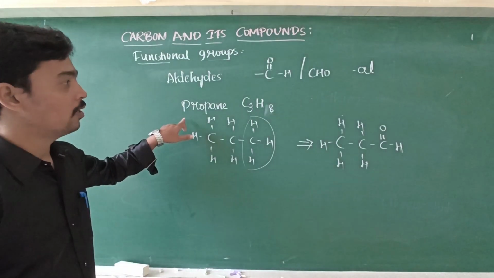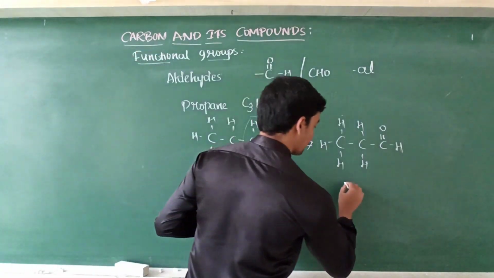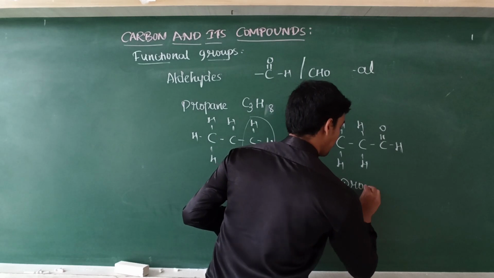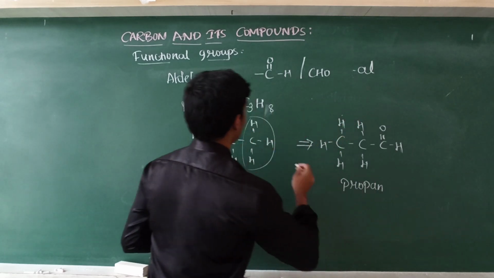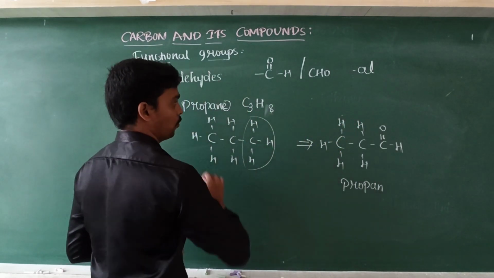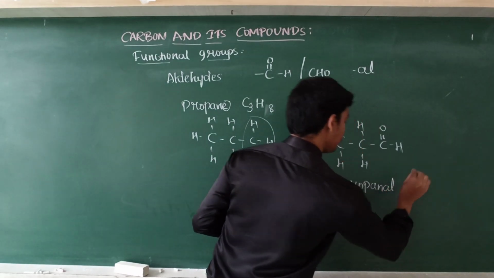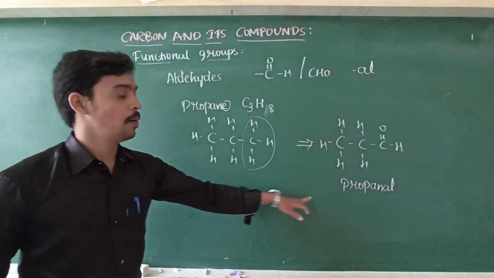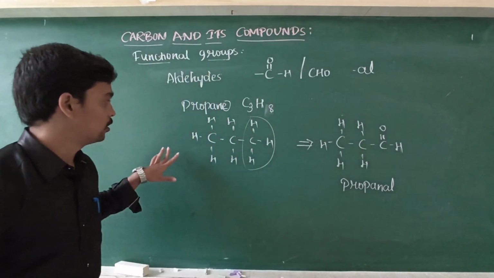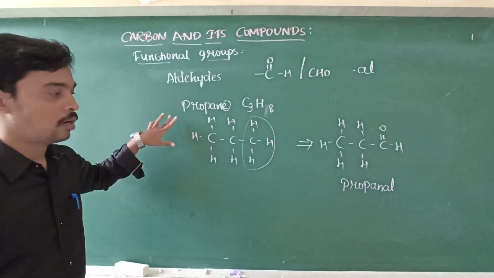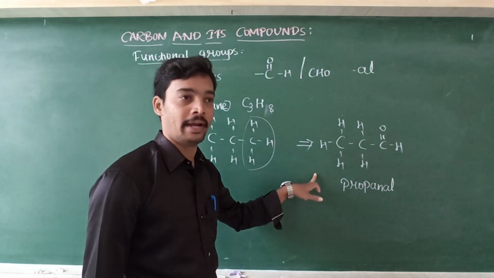And this propane is converted into, just replace the letter E with AL and it becomes propanal. So this is the way to convert alkanes into the respective aldehydes.